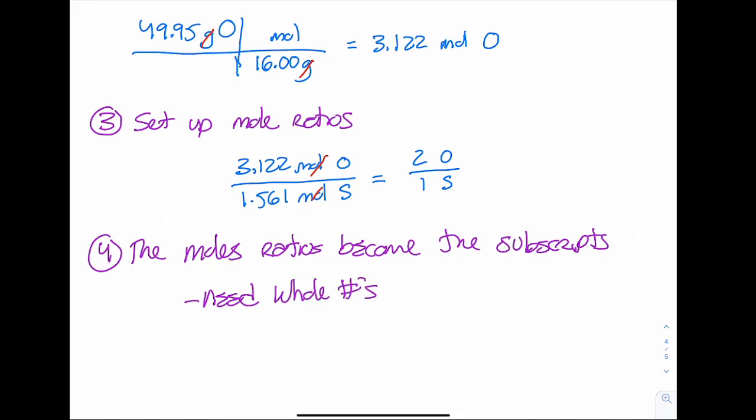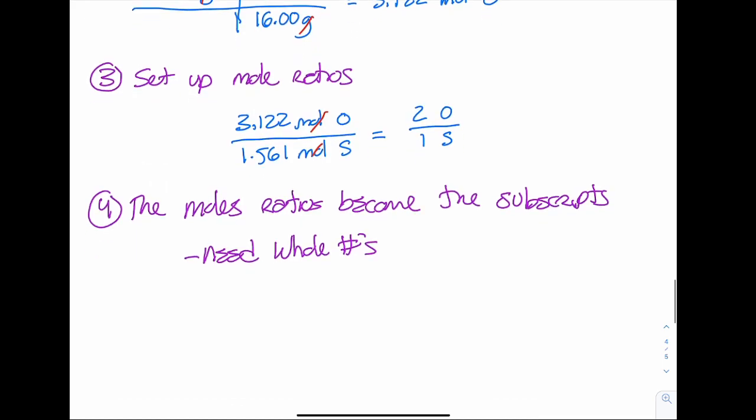Sometimes it is okay to just round them. This one came out exact. If it didn't, and it's really close, you could round, but sometimes you're going to have to multiply it by a factor, and we'll do an example like that also. So the mole ratios become the subscripts. We need whole numbers.